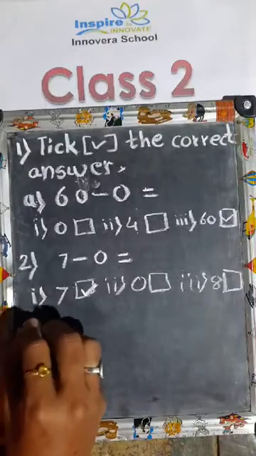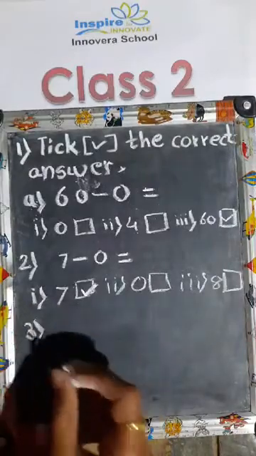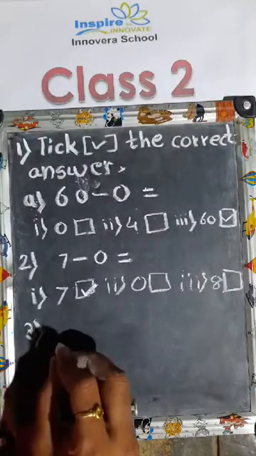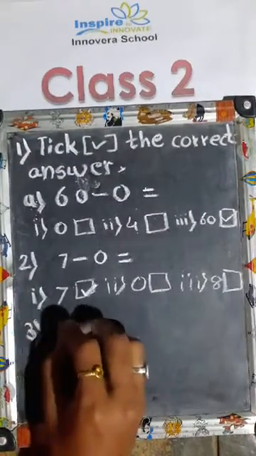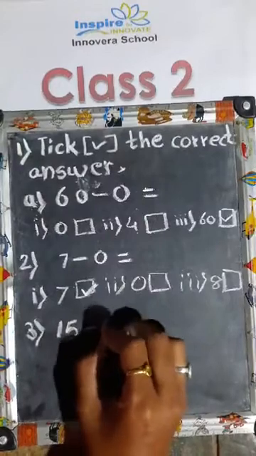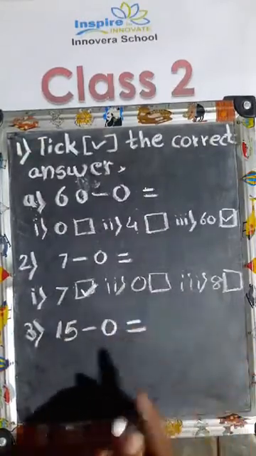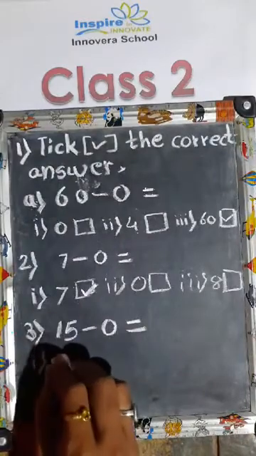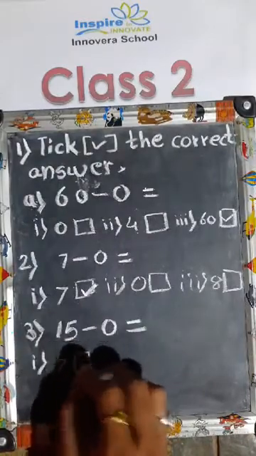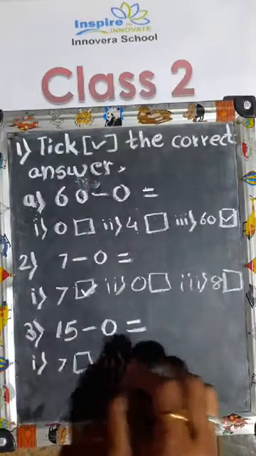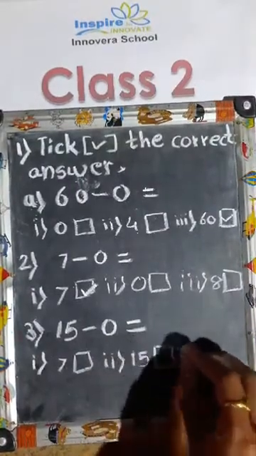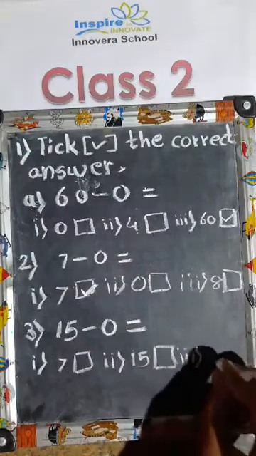One more example we will see. Which one can we take? 15 minus 0 is equal to, option 1 is 7, option 2 is 15, option 3 is 0.